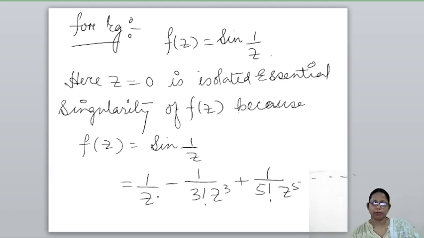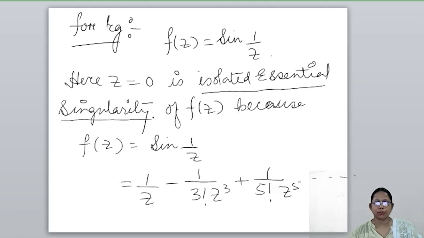Since these are in negative powers of z, the principal part in the Laurent series expansion of f(z) about the point z equal to 0 has an infinite number of terms, hence z equal to 0 is an isolated essential singularity of the function f(z).